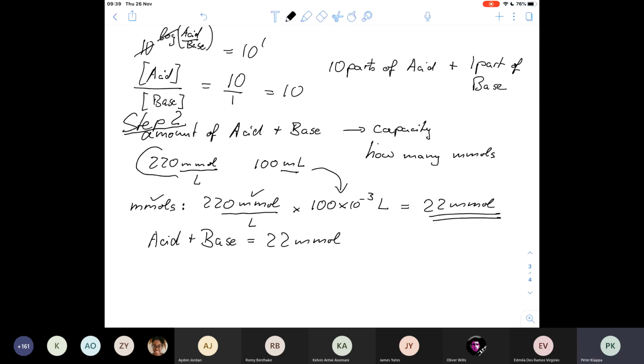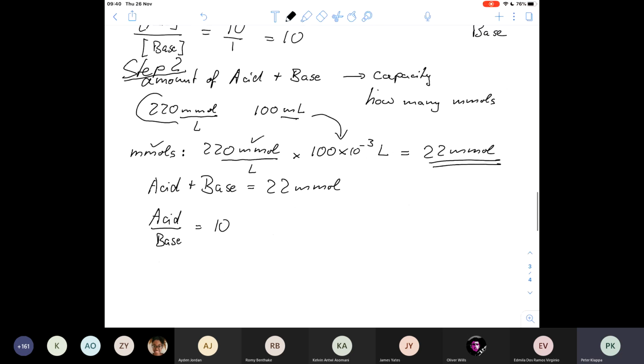And we know that acid divided by base equals 10. That is what we just calculated here. So now we've got two equations. Two equations, two unknowns, we can solve that. How do we solve that?